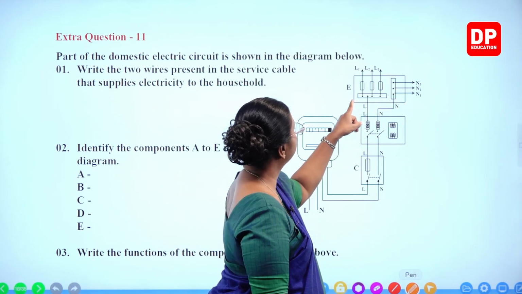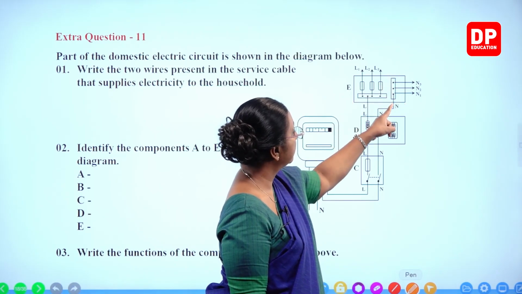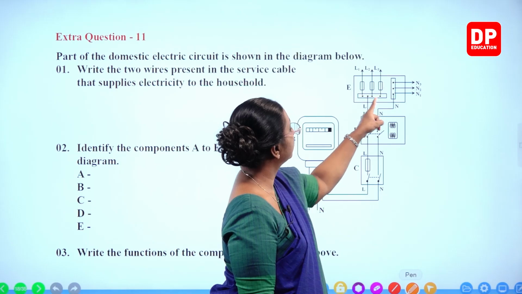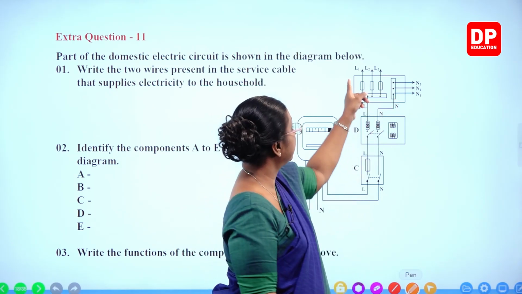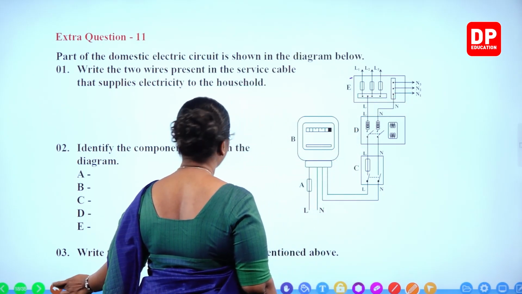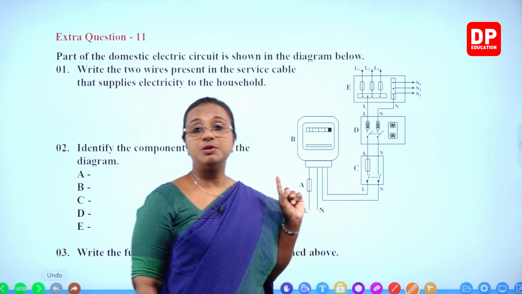The neutral wires are connected there too. Both live and neutral wires with the MCBs are present in a distribution box. So E is a distribution box.